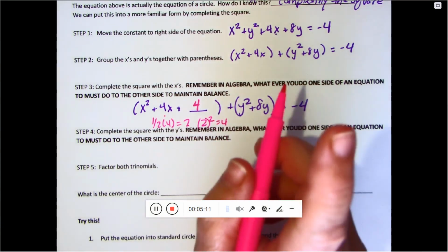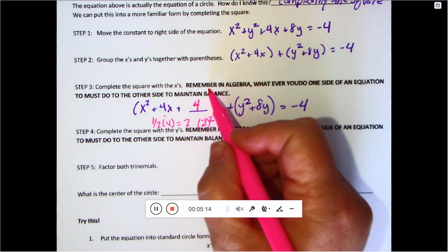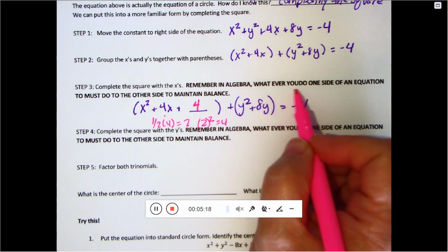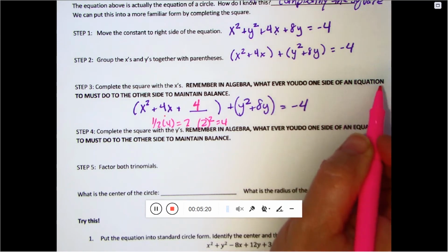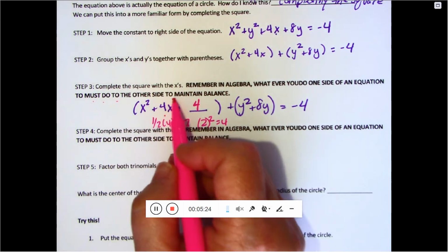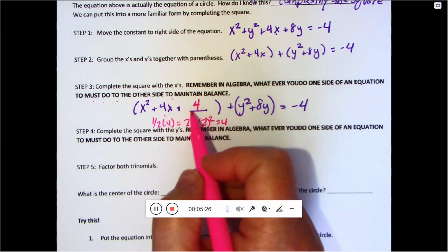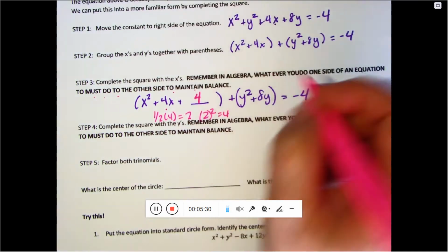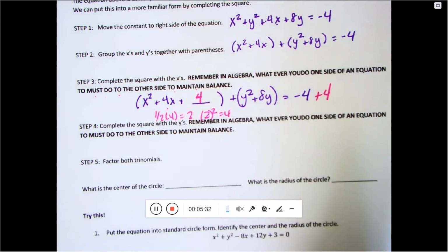But, and here's the part that a lot of people forget, remember in algebra, whatever you do to one side of an equation, you must do to the other side to maintain balance. I can't randomly add a 4 to one side of the equation. If I add a 4 here, I've got to add a 4 here.